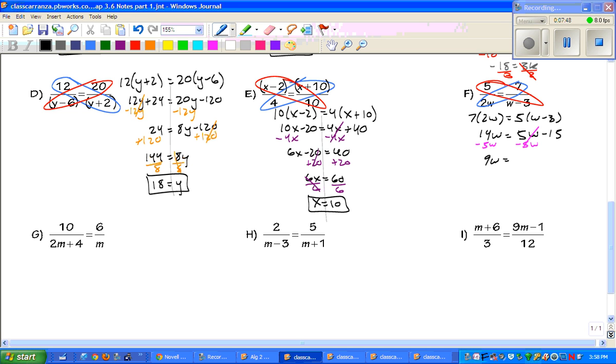And we get 9w equals negative 15. Divide both sides by 9. Ooh, this one you're going to get a fraction, but negative 15 over 9, can you reduce that? Pretty sure you can divide 3 into both of those, and you would get negative 5/3. And getting a fraction is okay.